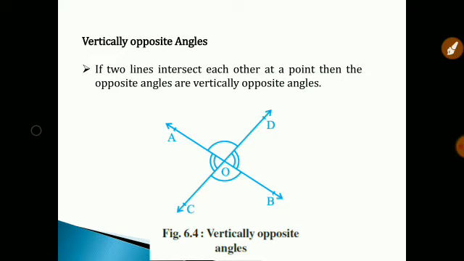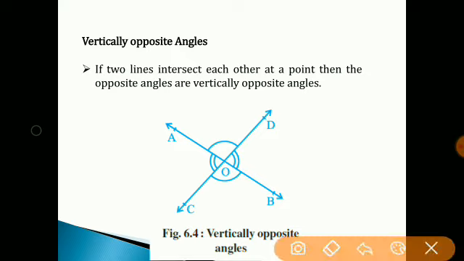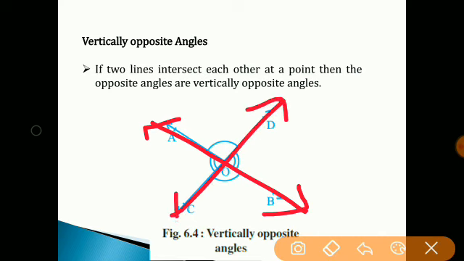Next one is vertically opposite angles. If two lines intersect each other at a point, then the opposite angles are vertically opposite angles. We can see that here one line is AB and another line is CD.